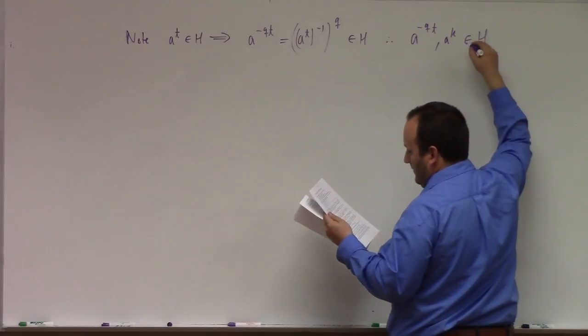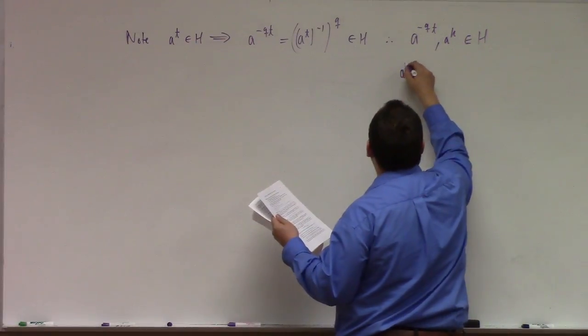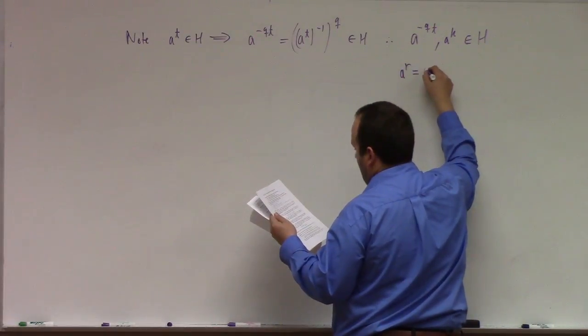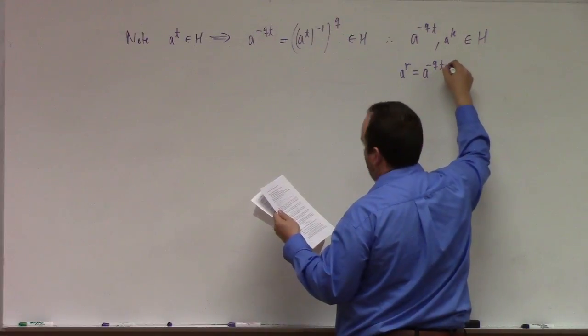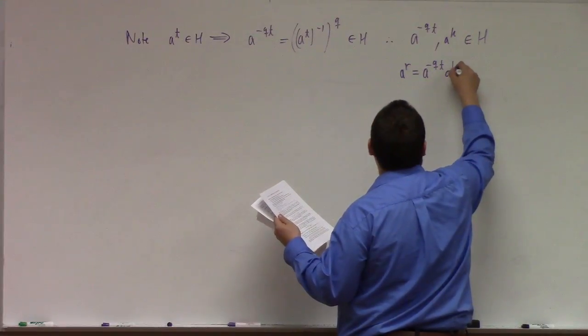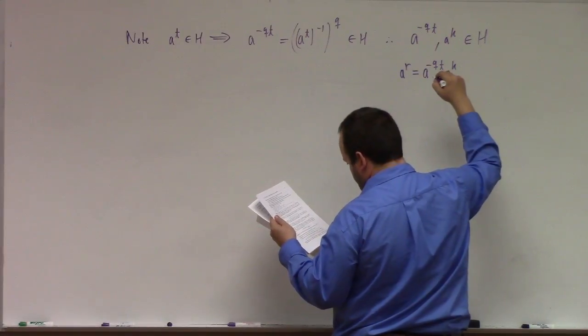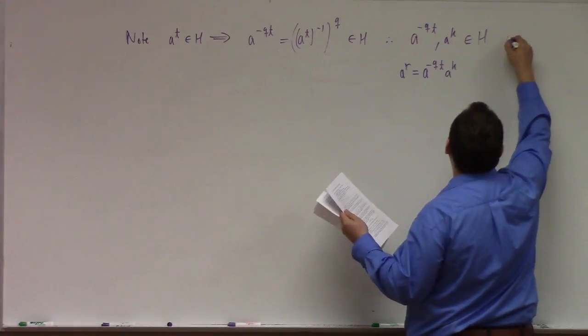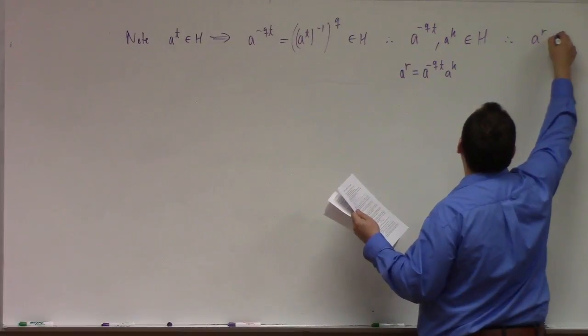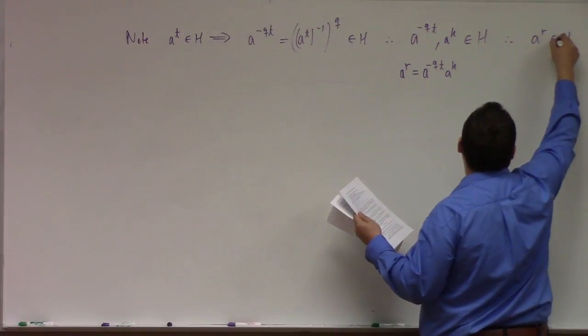But remember that A to the R is equal to A to the minus QT times A to the K from the line above, right? So that means that A to the R is an element of H.